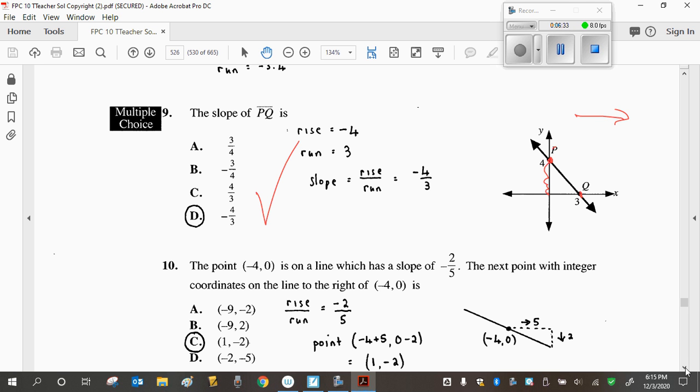Is it negative 3 or negative 4? You go 4 down and 3 to the right. Don't guess. All of these look good if you're guessing. So just think, do I go up or down first? If I go down, it's negative. If I go up, it's positive. And then how many to the right? That's always positive. That's why we start left to right.